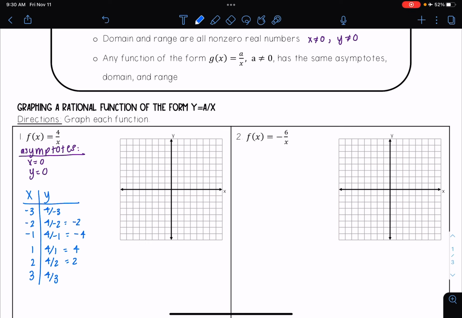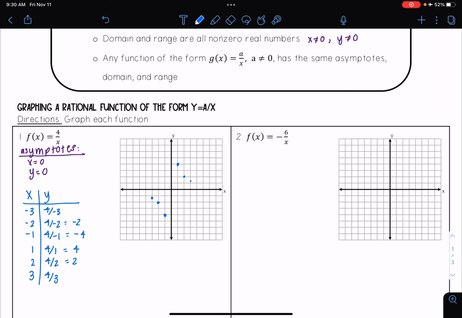My first point is -3 and 4 over -3, a little bit over -1. At -2, I go to -2, and then -1, -4, 1, 4, 2, 2, and 3, 4/3.